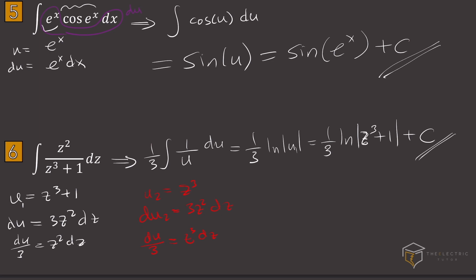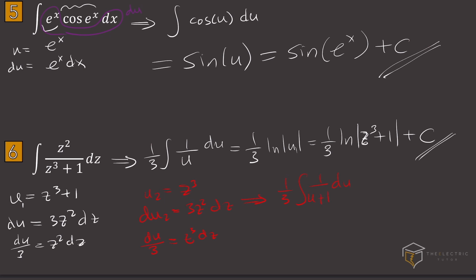Okay, awesome. Now let's take a look at our second method. When we do it this way, we have the integral of z squared dz, in this case, it's going to be, once again, 1/3 du, and then I have 1 over z cubed is u. There's nothing for the 1, so I have to put u plus 1.